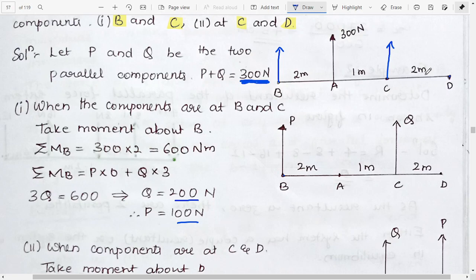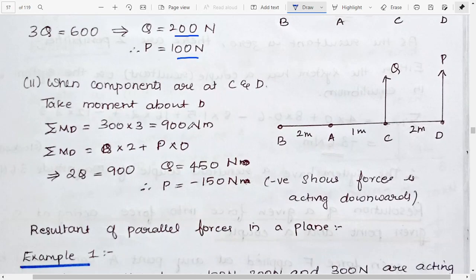So it will be 300 into 3, which is 900 Newton meter. Then the moment of the forces will be Q into 2 plus P into 0, which will give us 2Q. From that we'll get Q is equal to 450. Then P plus Q is equal to 300. From that we'll get P is equal to minus 150. Negative shows the force is acting downwards.